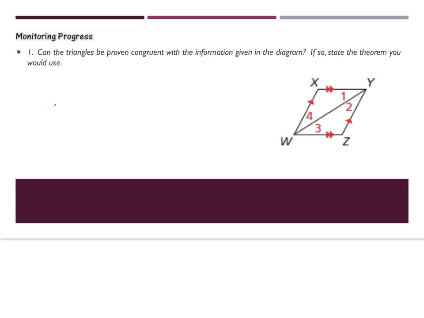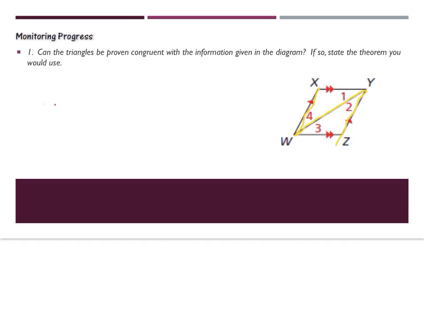If you remember from Unit 3, that allows us to identify some special angles, like angle 1 and angle 3 would be considered alternate interior angles, so therefore they're congruent. We can also conclude that 4 and 2, because of the transversal of these two parallel lines, are alternate interior angles.